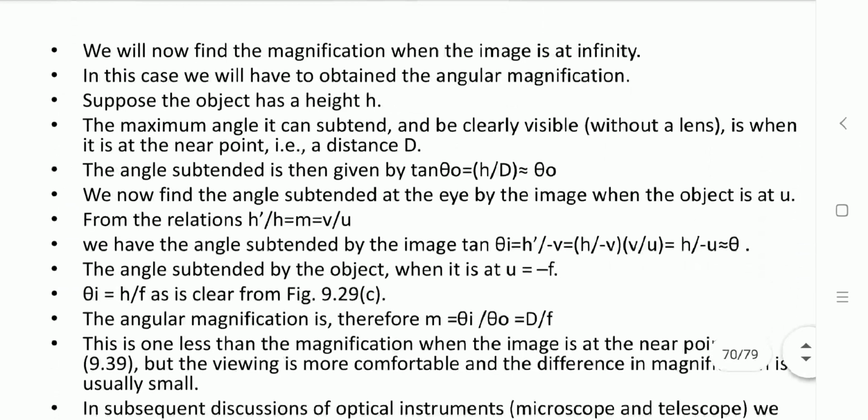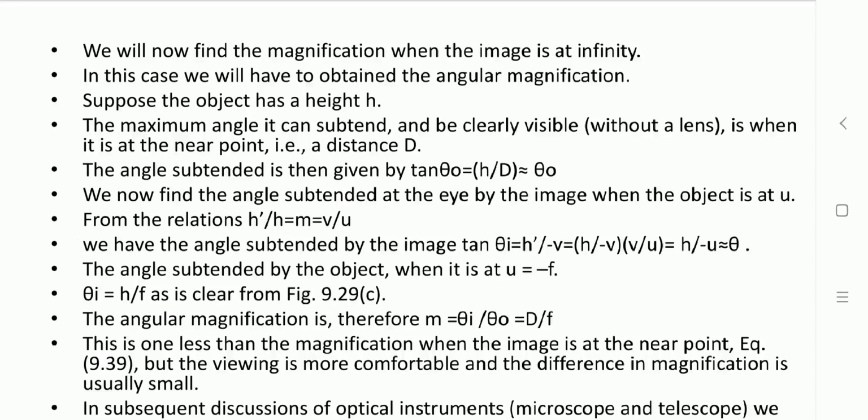In that case we have to consider the angular magnification. For example, the object height is H and the maximum angle, at which it is clearly visible at distance D, is given by tan theta 0 equals H by D. Theta 0 is very small, so tan theta 0 equals theta 0, so theta 0 equals h by d.